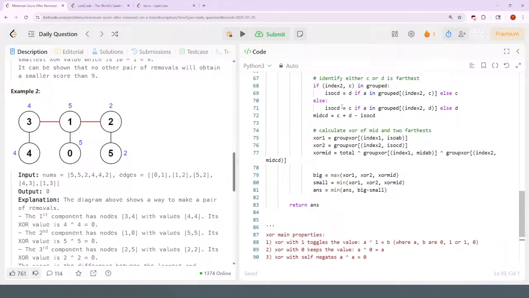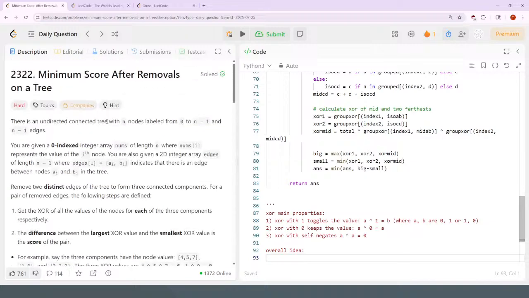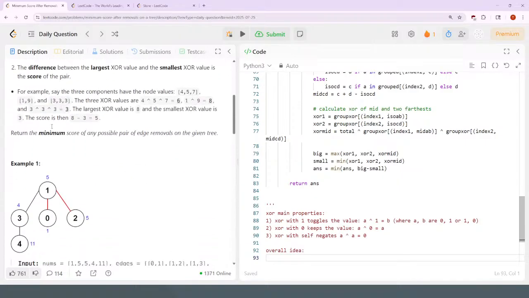I am thinking of basically, instead of doing two nodes... Okay, so for this problem, you're basically eliminating two edges, and you want to calculate the XOR values of the three groups that are created from two edges being eliminated from the tree.